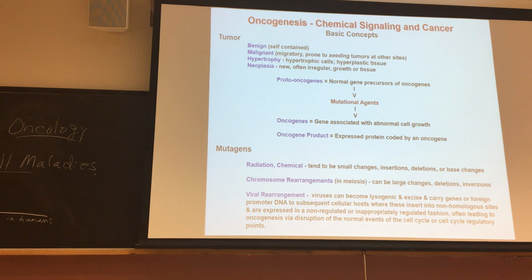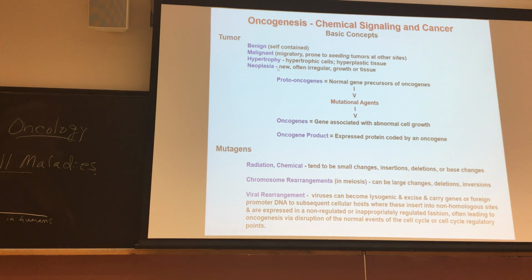So you get larger than normal cells, leading to an enlargement of an organ or formation of a tumor. You can get hyperplastic tissue that is dividing too fast, not giving rise to normal cells. And if this is occurring rapidly enough, you're going to get enlargement of the tissue.